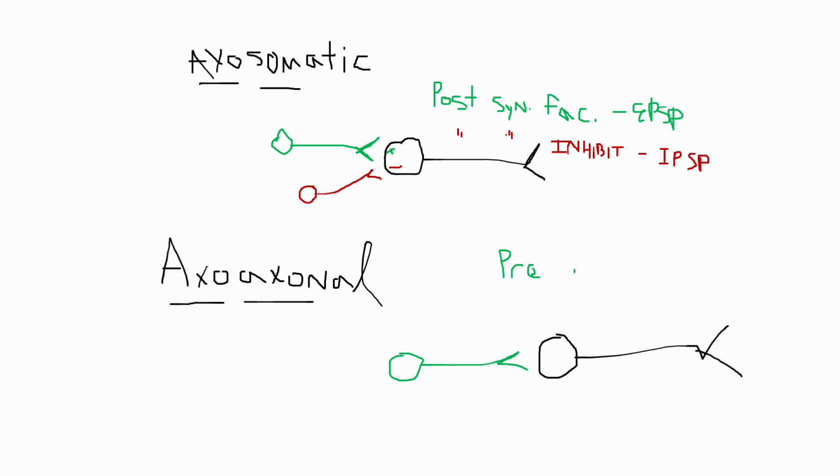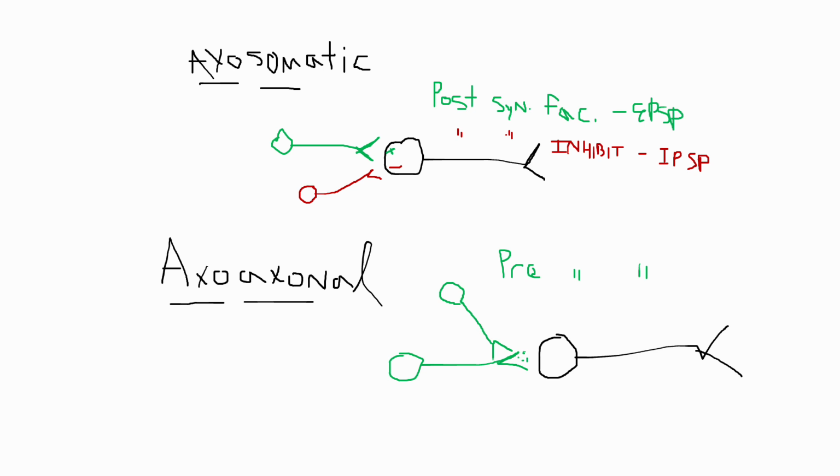Presynaptic facilitation, right? Before it was postsynaptic facilitation. And that's because we can have another neuron here synapse onto the axon terminals of our presynaptic neuron. And with presynaptic facilitation, it's going to lead to an increase in excitatory neurotransmitter released from our presynaptic neuron.